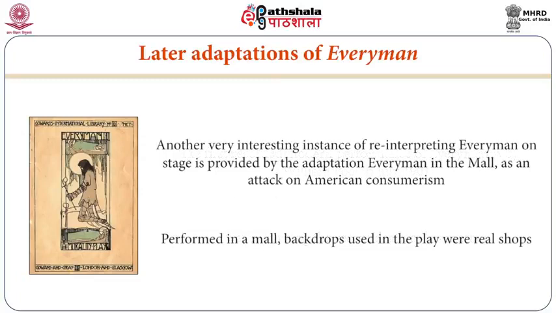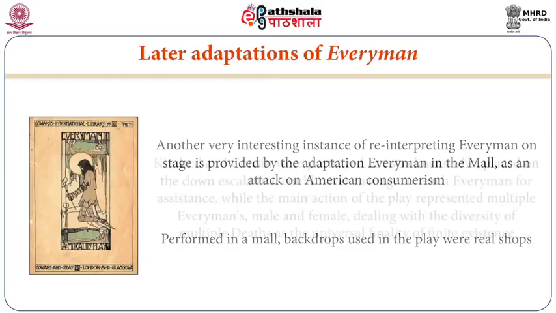Another very important instance of reinterpreting Everyman on stage is provided by the adaptation Everyman in the Mall, as an attack on American consumerism. Performed in a mall, the backdrops used in the play were real shops.